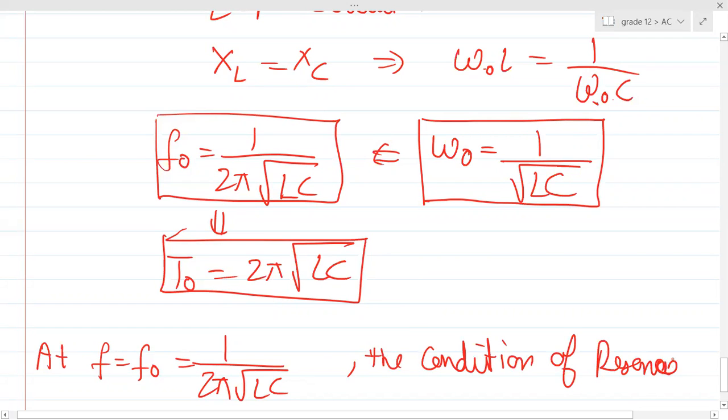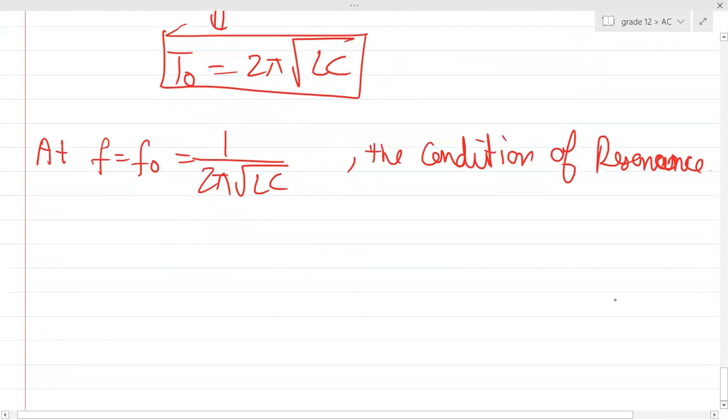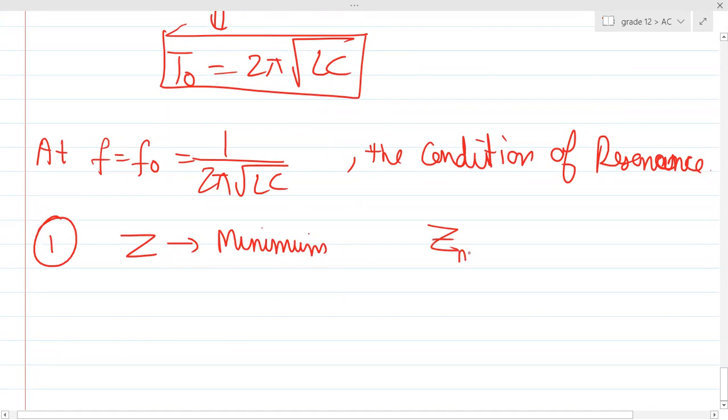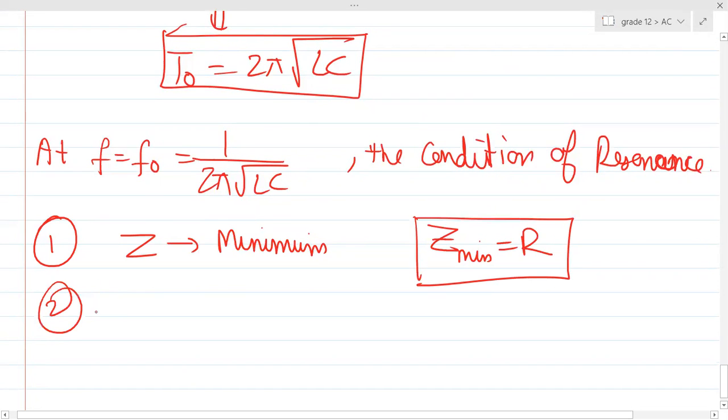I'm trying to write a summary, and in that summary we'll add some more points as well. So at resonance, Z will be minimum. And what is the minimum value of Z? It is equal to R.